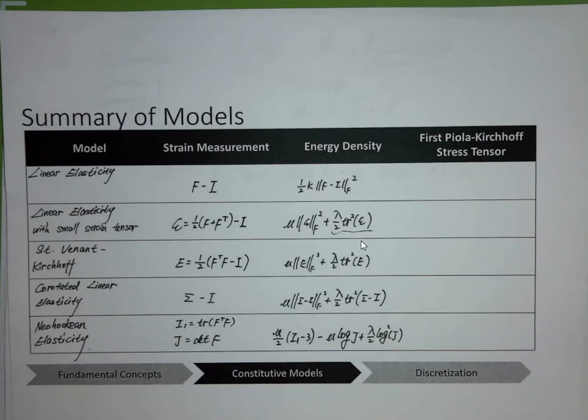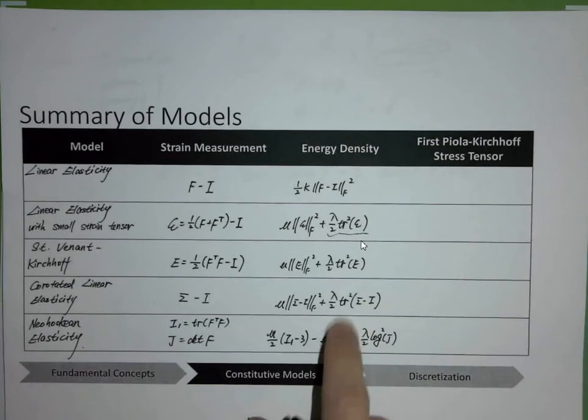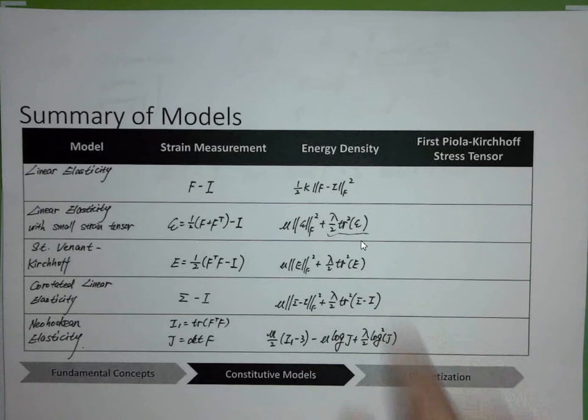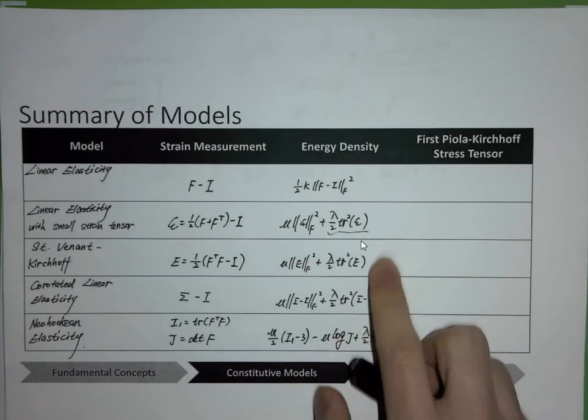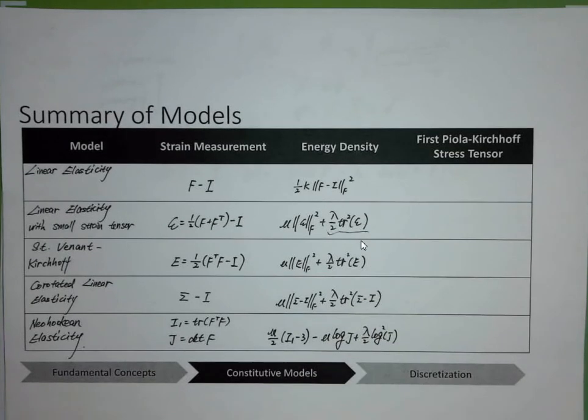Also you need to apply singular value decomposition on every element on every iteration. It's a little bit more time consuming than the models here and here, because they are just polynomial models, and you can simply add model reduction techniques onto that. And the last one is neo-Hookean elasticity.